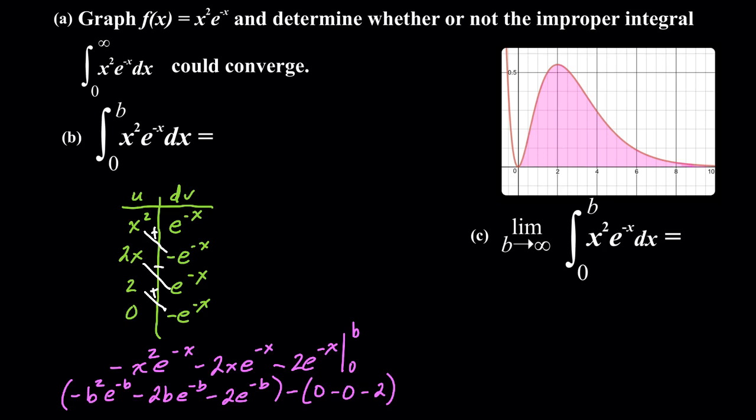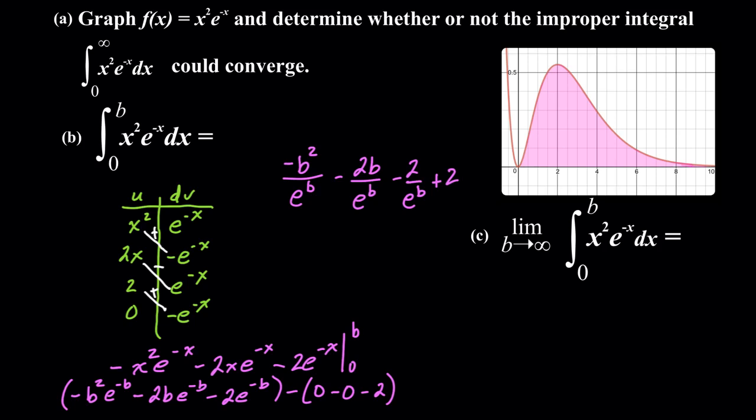All right, so then cleaning that up, you'd end up with negative b squared over e to the b power, minus 2b over e to the b power, minus 2 over e to the b power, plus 2.